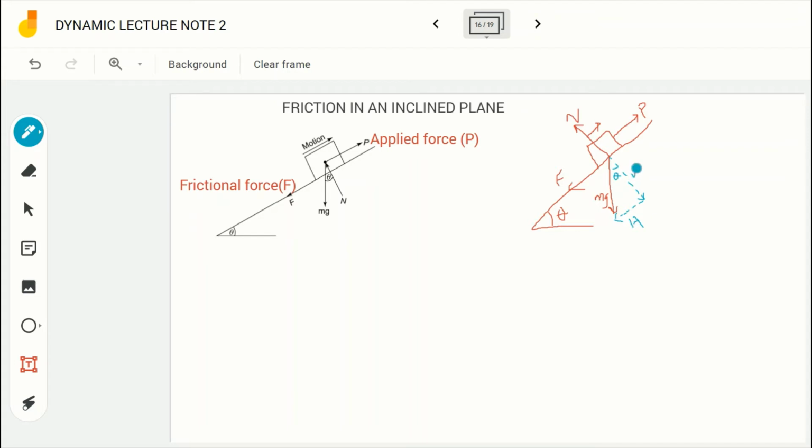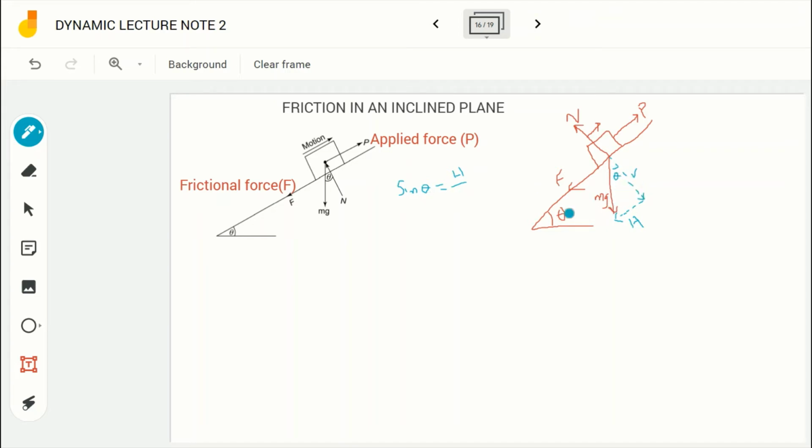Now to get my H, I have to use the trig ratios, which is sine. So sine theta is equal to opposite over hypotenuse. H is the opposite, and the hypotenuse is mg. As you can see, here's your opposite, here's your hypotenuse, and right here is your adjacent.